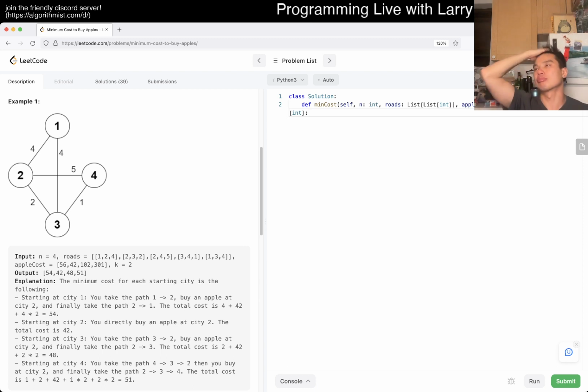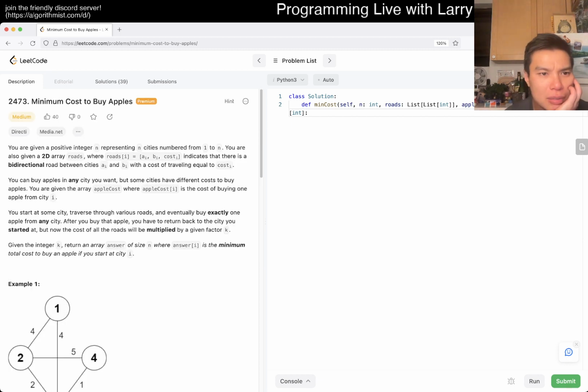Can I do them together? No, it's the same. It should be the same. Huh. Man, I'm really struggling with this one, even though it's only a medium.